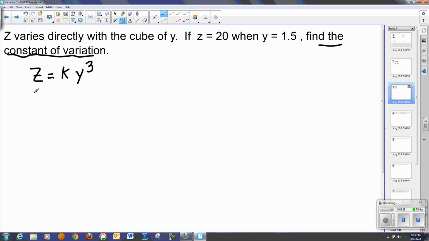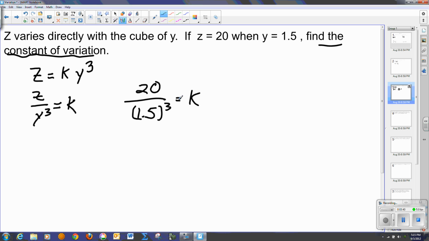So basically I have z over y cubed is equal to k. And now I just plug and chug. So I know z is 20, y is 1.5, and I'm going to take and cube that to find my k value. And I'll let you just plug that in and solve that for yourself.